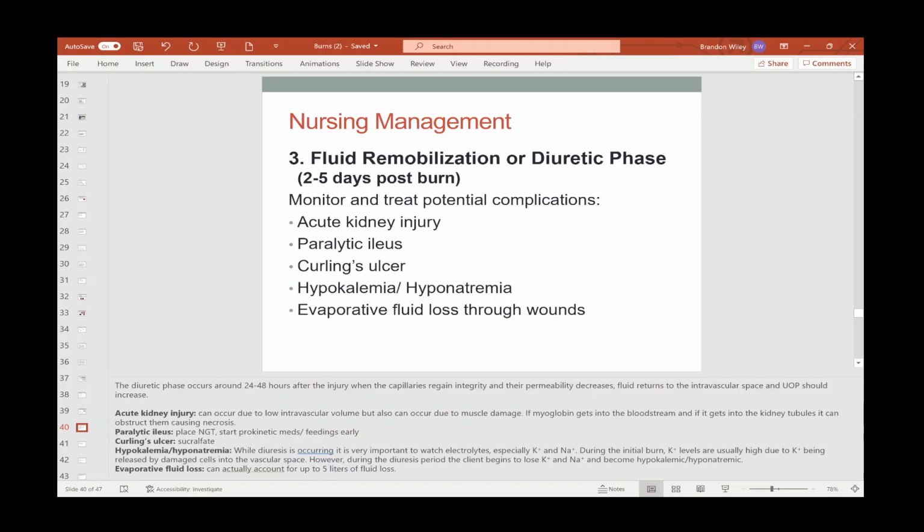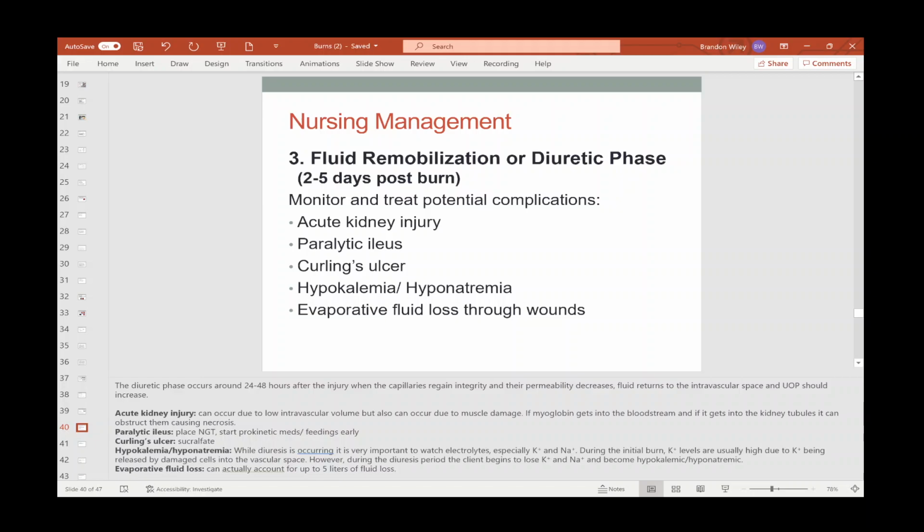Acute kidney injury, we already talked about that, but you may see acute kidney injury. Paralytic ileus. What is a paralytic ileus? It doesn't want to work. Not like that, just doesn't want to work.